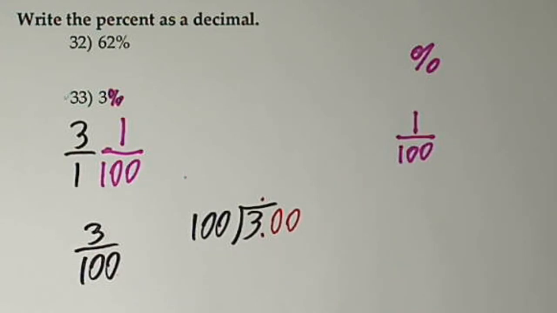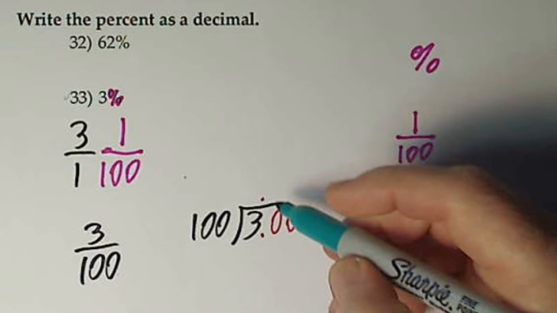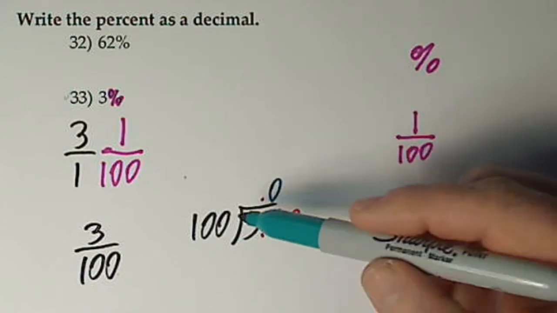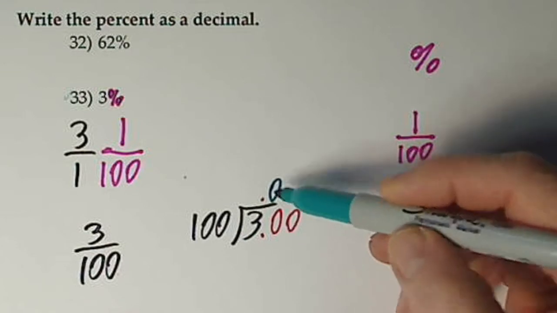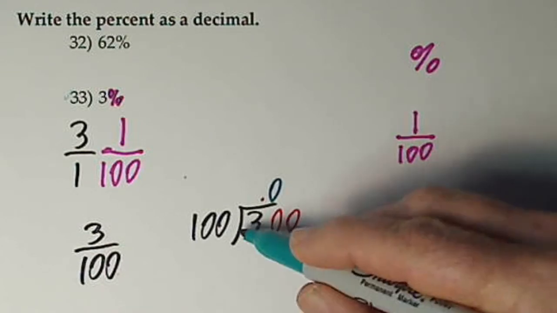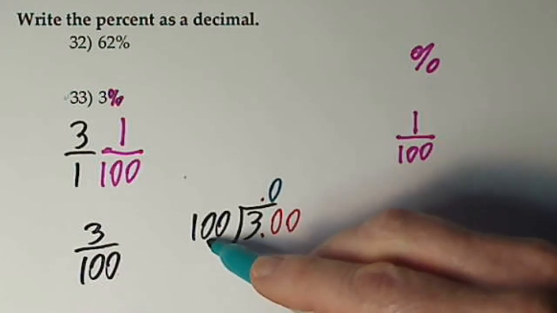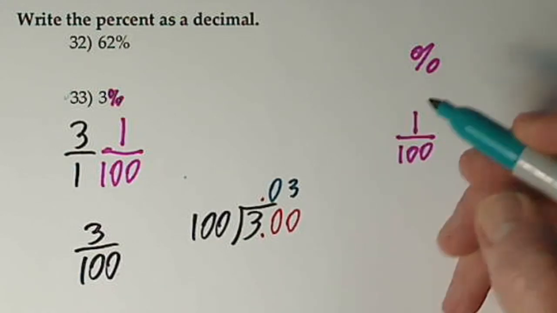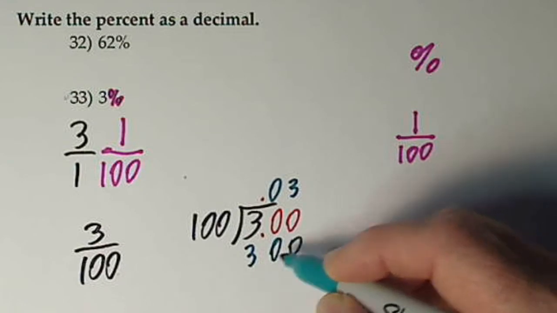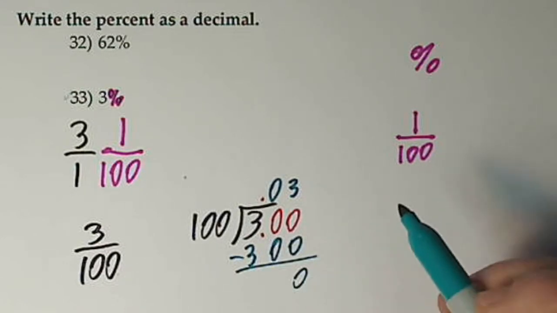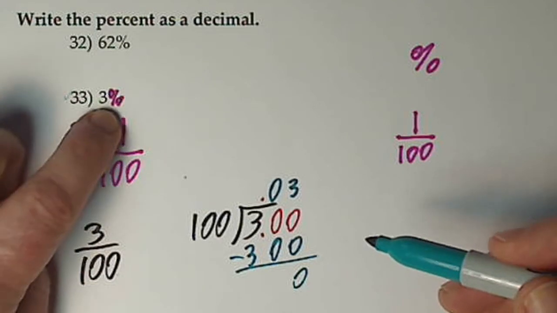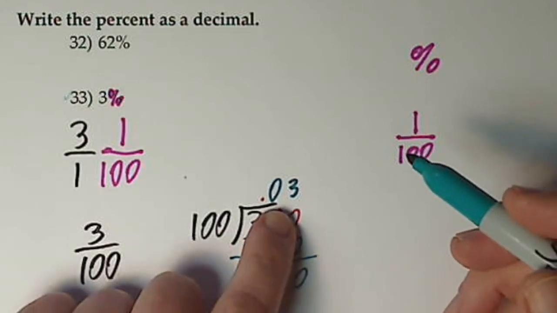Does 100 go into 30? No. Or a better way to say it maybe is, how many times does 100 go into 30? 0 times. So you move over to your next digit. How many times does 100 go into 300? Why, it goes in 3 times. And there'd be nothing left over.